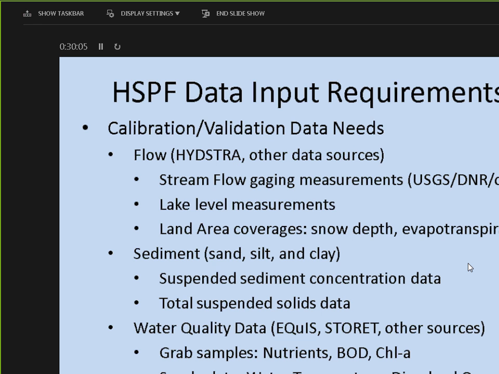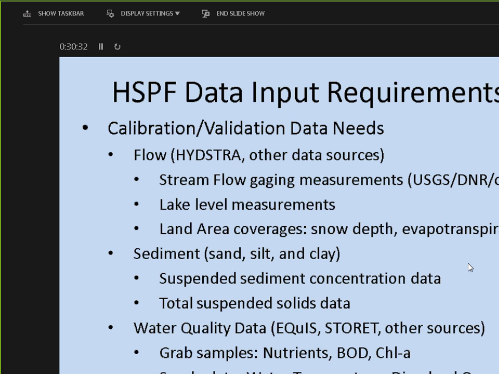And then lastly, the calibration and validation data needs. Again, we're looking at as much flow data as we can get, measured flow data. We look at as much sediment data, both the USGS suspended sediment concentration data, which tends to do a better job of capturing the sand fraction, but we use anything we can get.